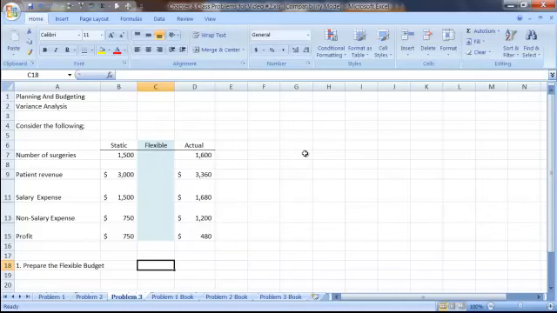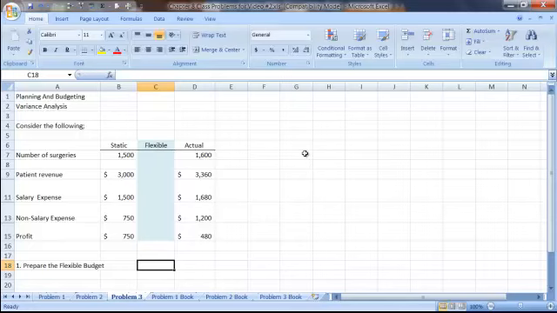Okay, so remember, a static budget is standard costs, standard revenue per visit times a budgeted number of visits. The actual is the actual costs or actual revenue received per visit.